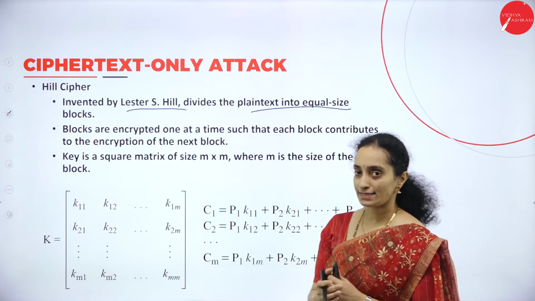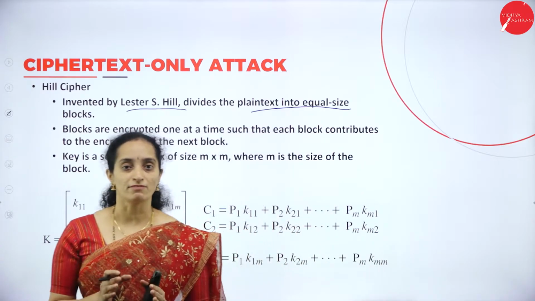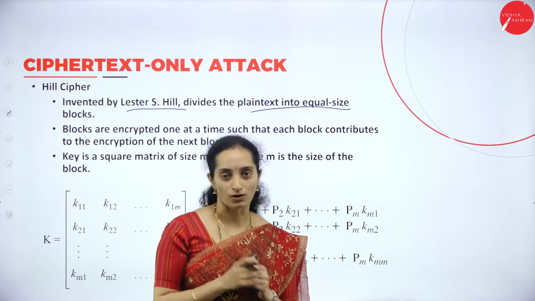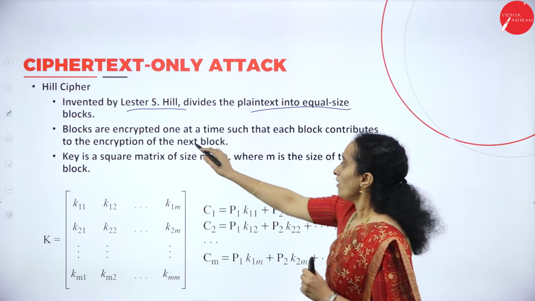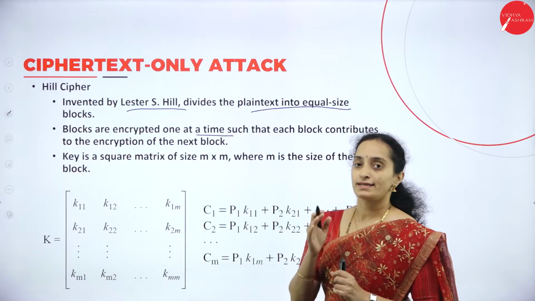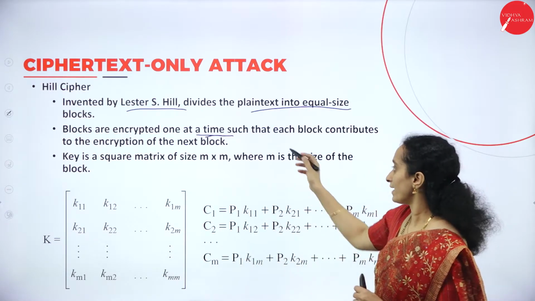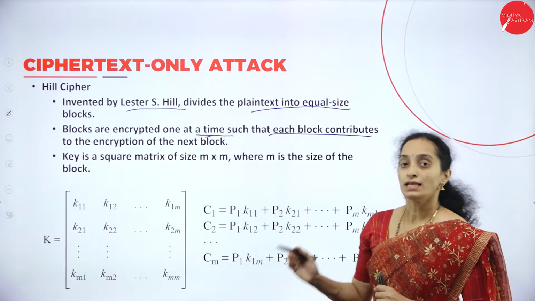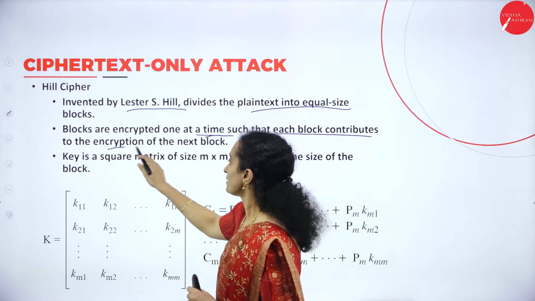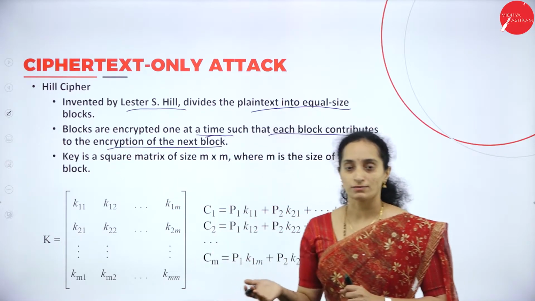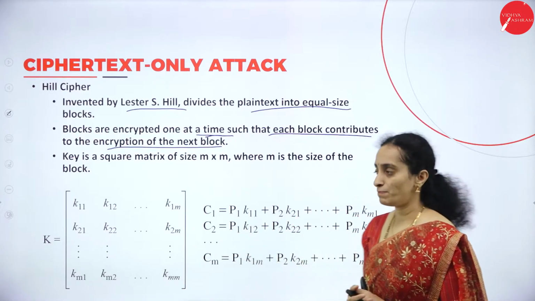But in Hill cipher, the plain text will be divided into blocks of text. Blocks are encrypted one at a time, such that each block contributes to the encryption of the next block. So it will help in encrypting the next block in the plain text.